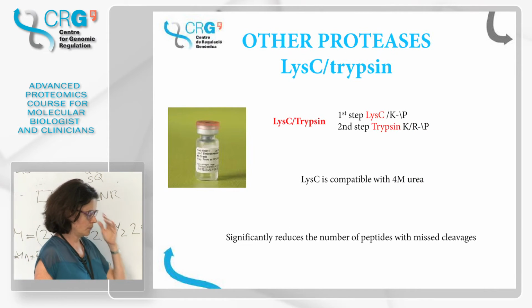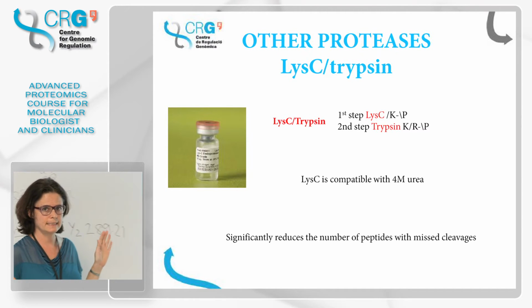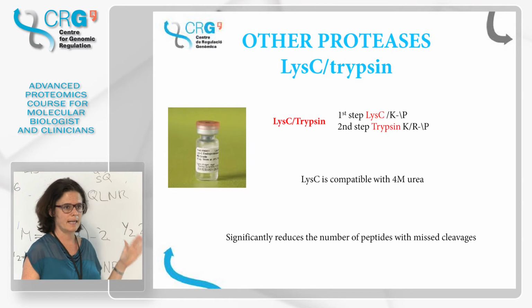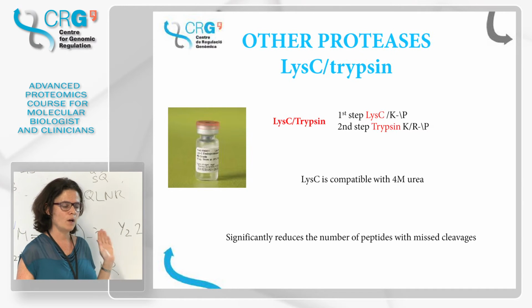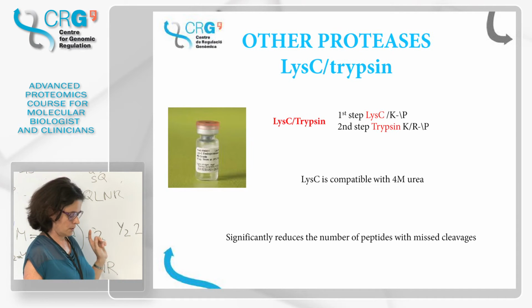So we have talked about other proteases. We have talked about Lys-C, which only cuts after lysine, but which is very often used in combination with trypsin. Why? Because what you do is a first step with Lys-C, and then you digest again with trypsin.